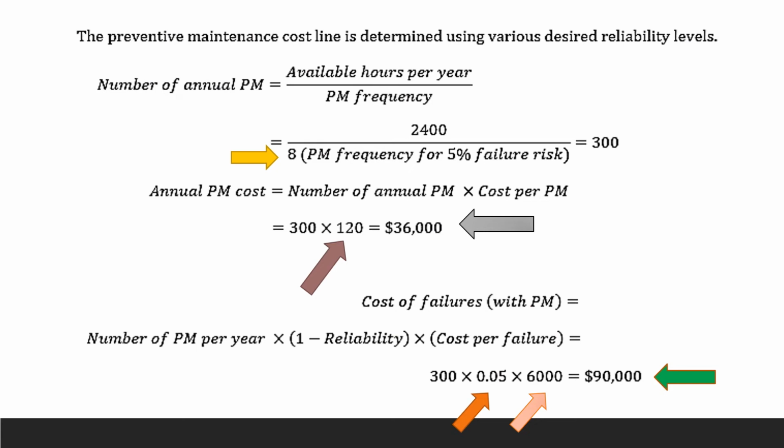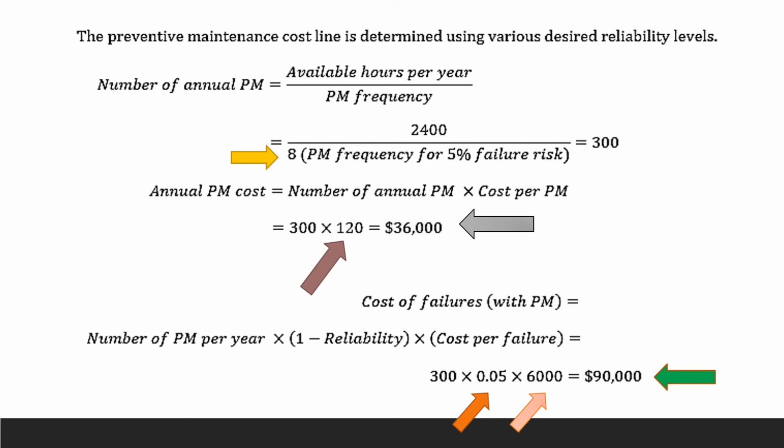So 2,400 divided by 8 would give you 300 annual PMs. The annual PM cost is going to be $120 per PM, and we have 300 in a year. So you will spend $36,000 to run the PM for a year at this reliability percentage.